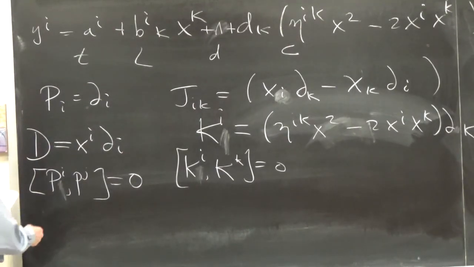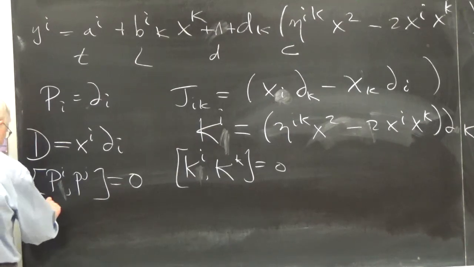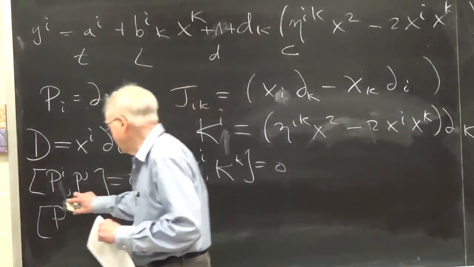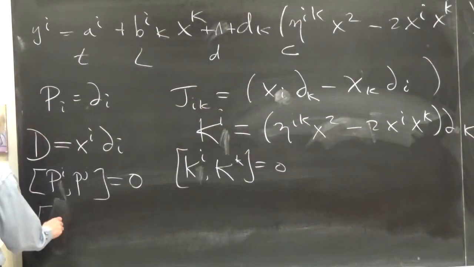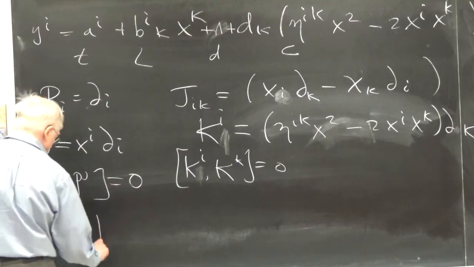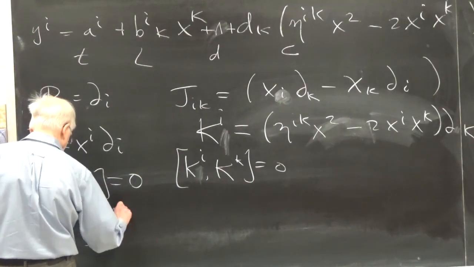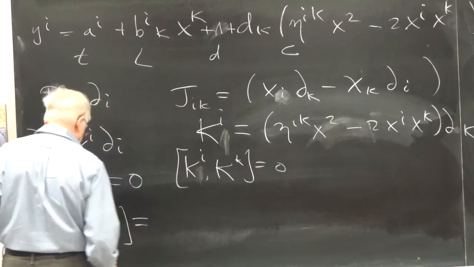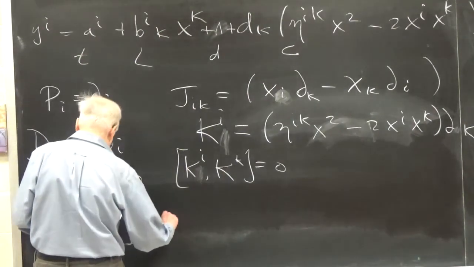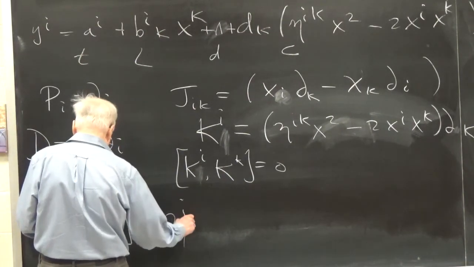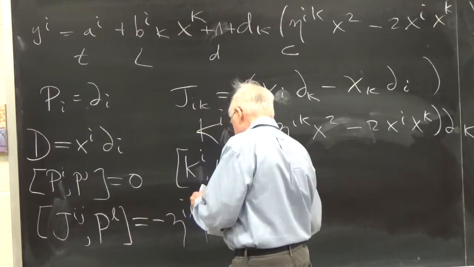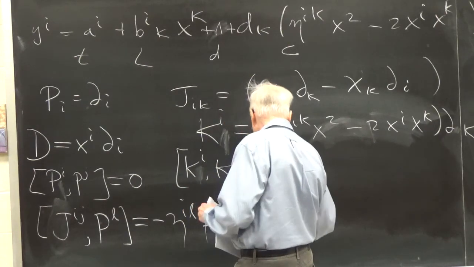But what we knew originally, from knowing the Poincare algebra, which we studied last semester, this would be J_ij, comma, P_L, and so this behaves as a vector under Lorentz transformations, and so we get minus eta_IL P_J plus eta_JL P_I.